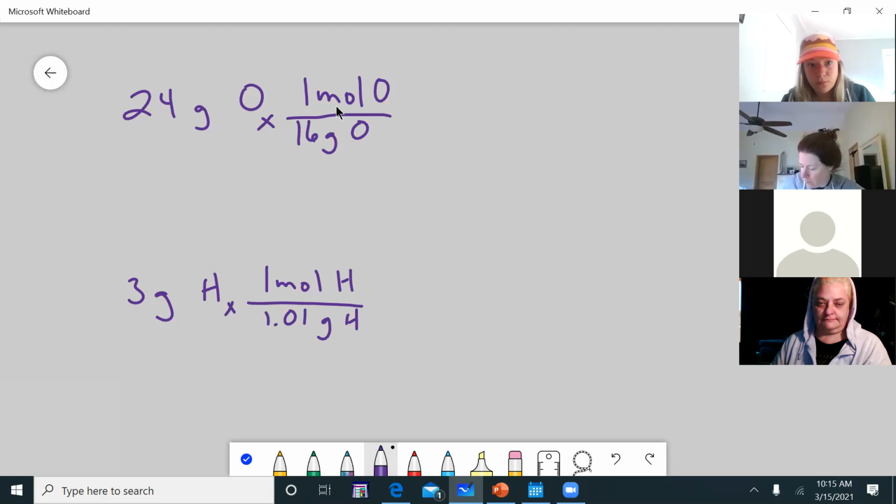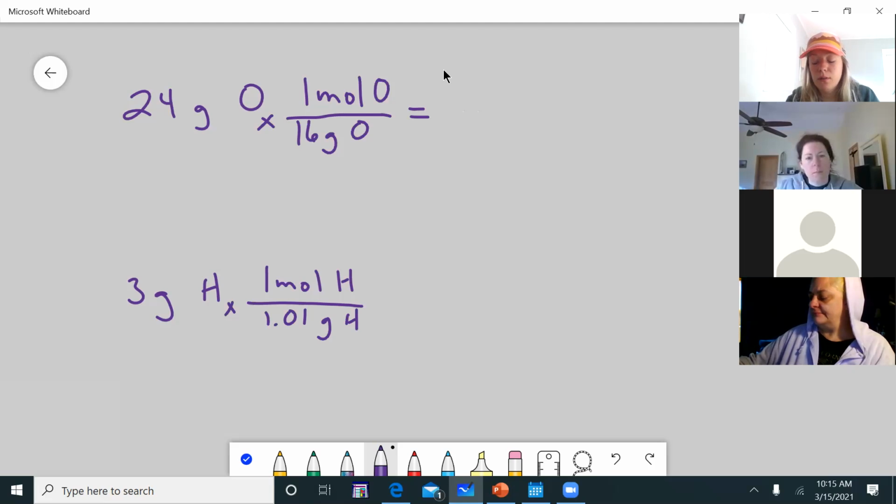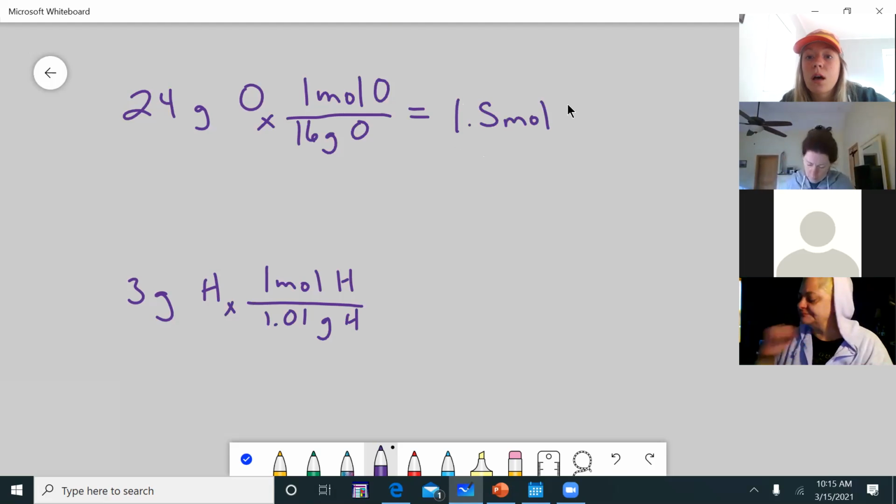So that's the next step, is to get from grams into moles. And in this case, 24 divided by 16 gives us what, 2? I can't even think today. 1.5 moles of oxygen. And then over here, I've got my 3 grams and then I divide it by 1.01.